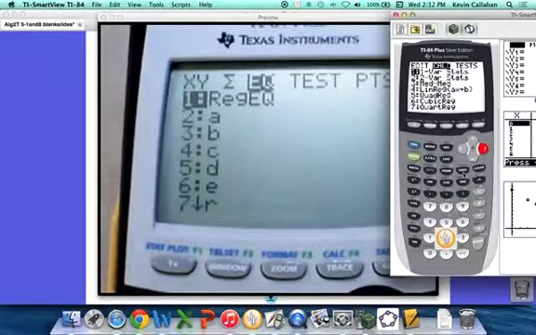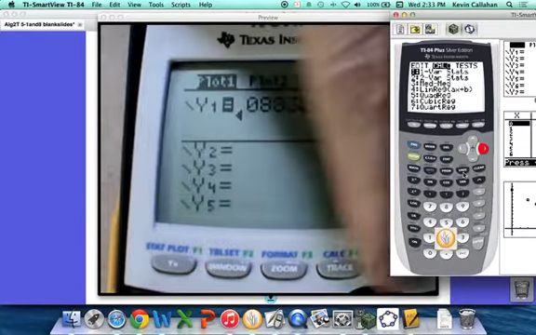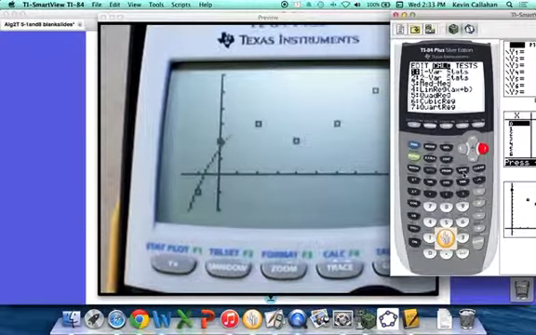Now, see what's on the first line? That's your regression equation you just made. When I hit enter, it puts that whole equation on the y equals. It doesn't quite look like it, but go to the graph and see what it looks like. You can see that it's drawing the line through the data.